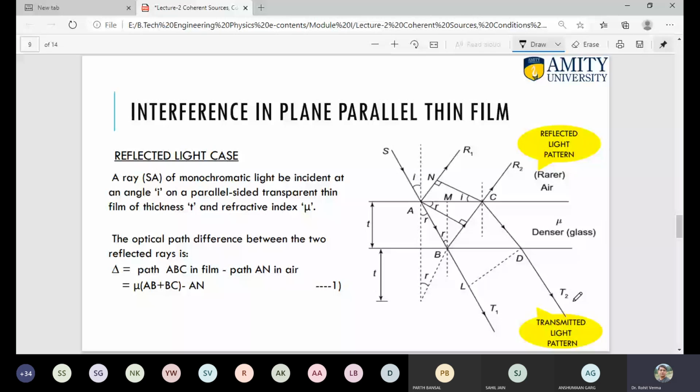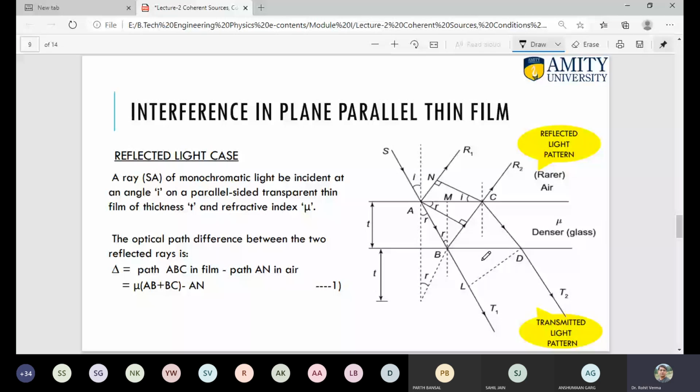Now, what we have to do is determine the conditions for constructive and destructive interference. We will follow the same geometry which we used in the case of the reflected light ray. The path difference between the two light rays will be the same.